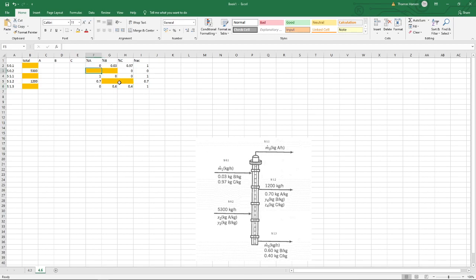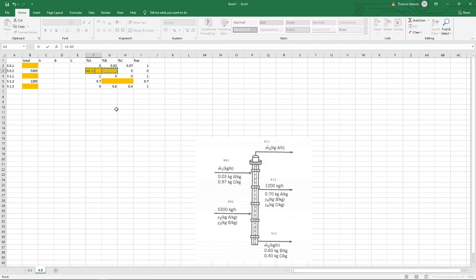Now we can do the exact same thing as we did in the last one and take some of the simpler information we're given. So for instance, for our fractions, we can say that this one must be equal to 1 minus this one. We don't have any C in our stream.